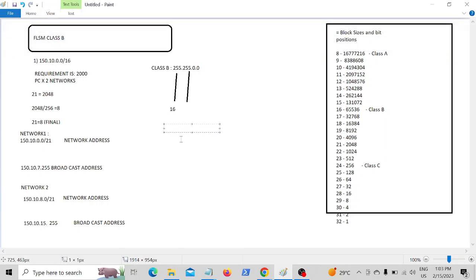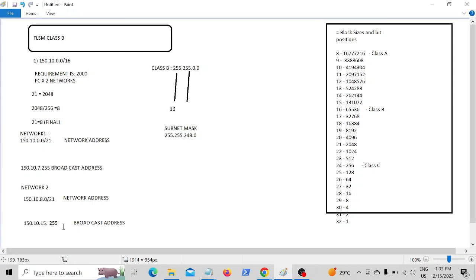So the subnet mask will be 255.255.248.0. This will be the subnet mask for this requirement. So anybody is having doubts with this concept?